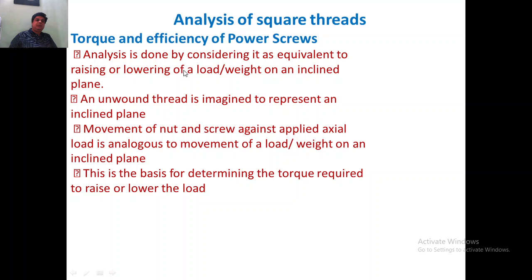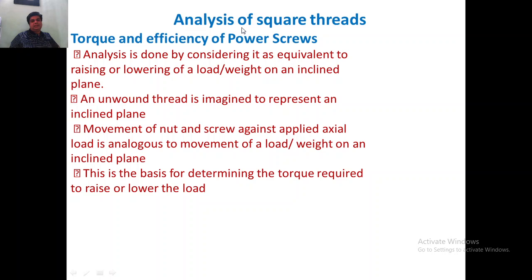So now the important part is you have to analyze or design the square threads, or you can say you have to design the power screws now. In the power screws, we'll design for standard square threads, and we'll see how to analyze the loads or forces which are applied on the screw rods for different applications.